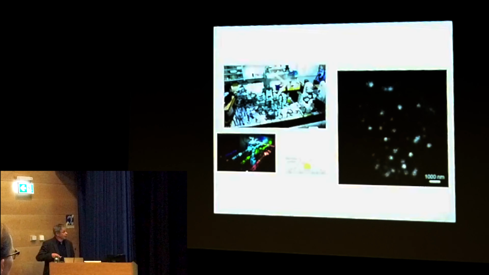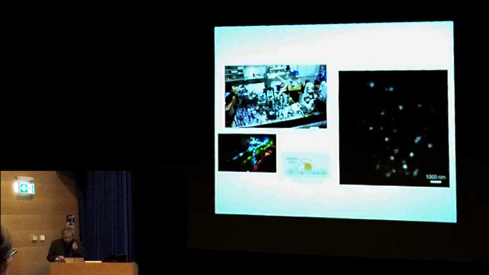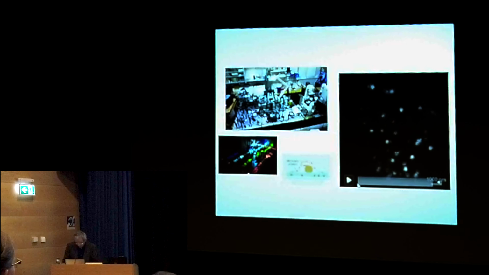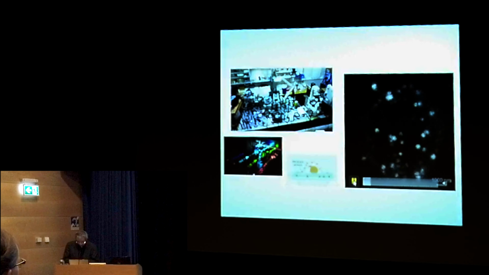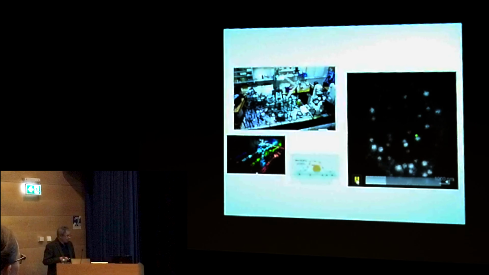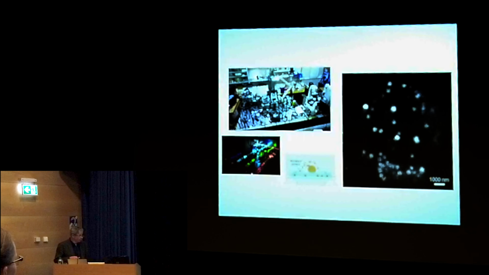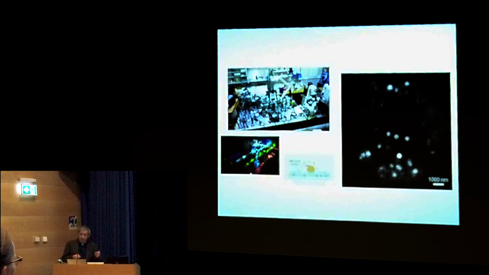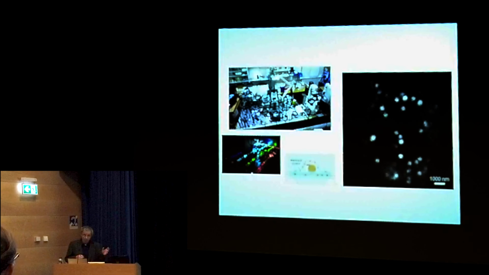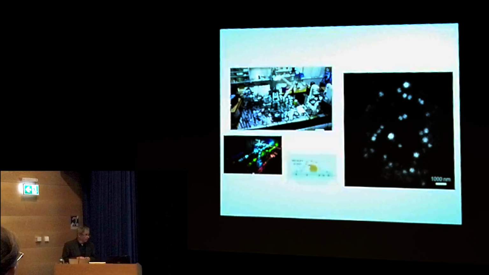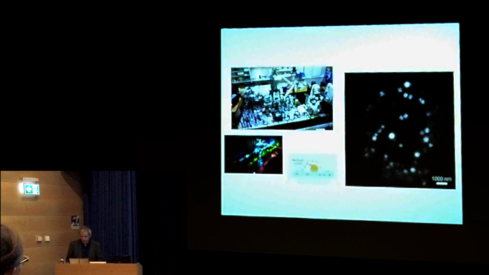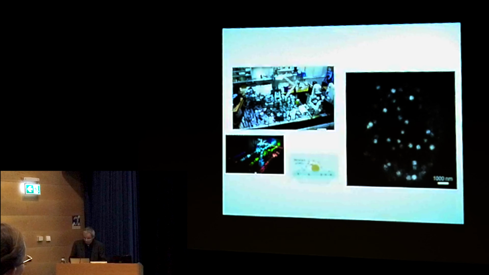We attach an antibody which has a dye on, so we can see individual TCRs, and we can watch them diffuse around on the cell surface. Each of these is about 10 nanometers in diameter, but it's blurred by diffraction to a 200 nanometer spot. So we can answer questions: are they static? Do they diffuse? Are they clustered? Or do they cluster on the activation of the T cell?